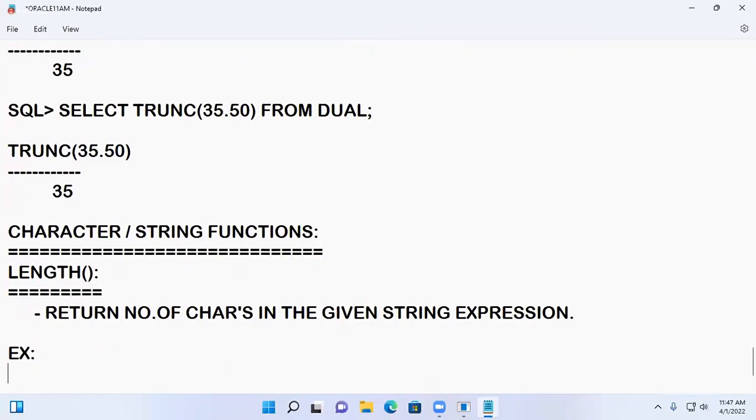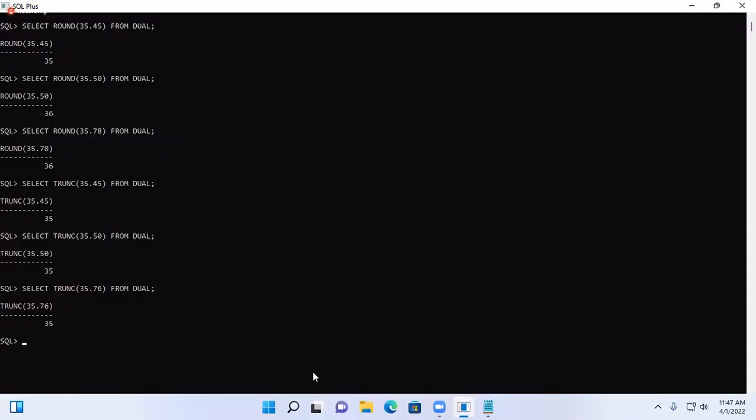The length function counts how many characters are there in your string. Those characters are counted by the character or string function length. How many characters are there in the given string expression? That number of characters will be returned by length. Okay, for example, let me see.